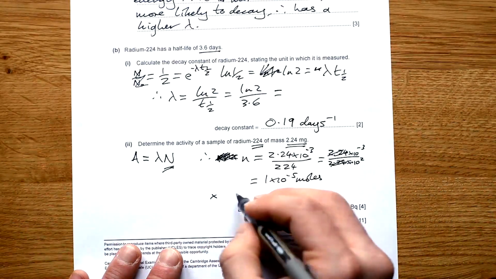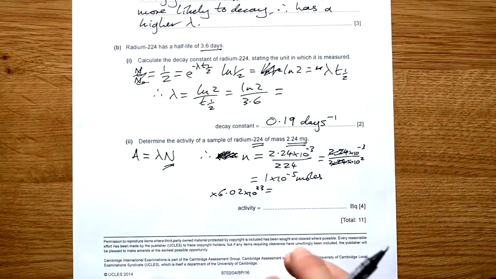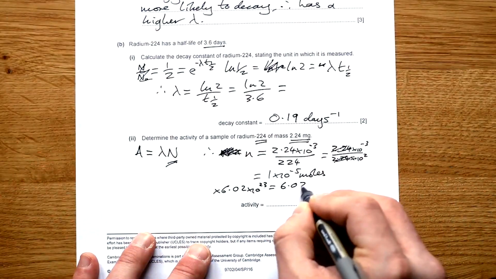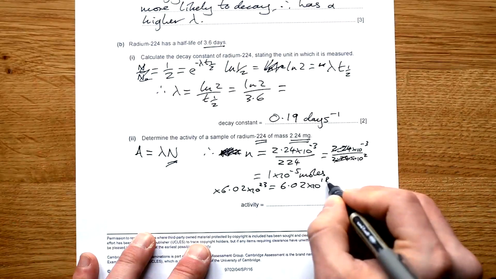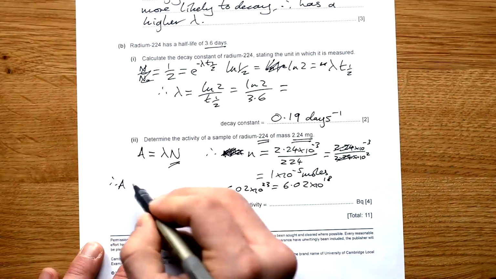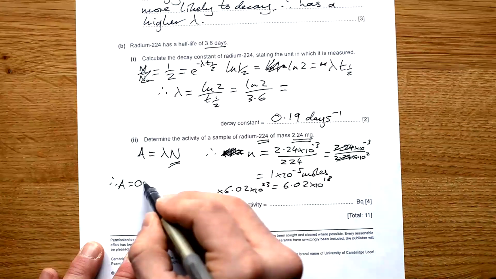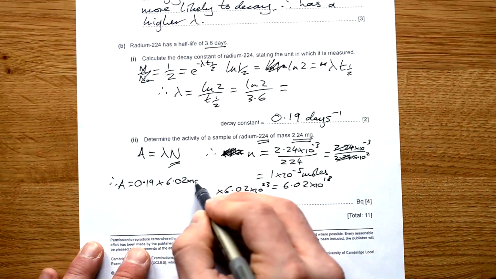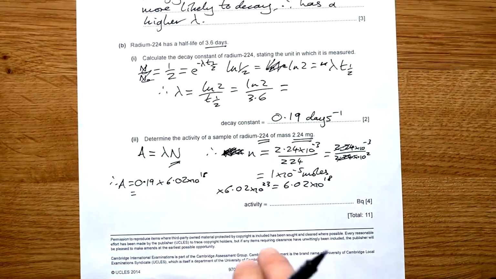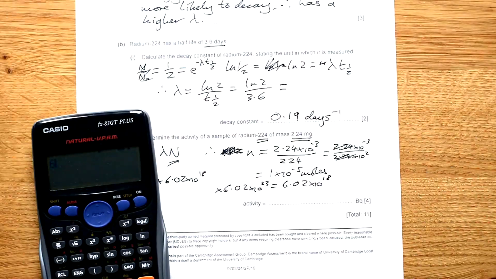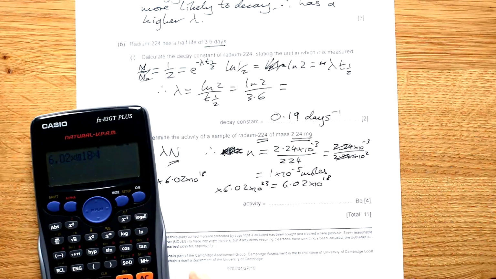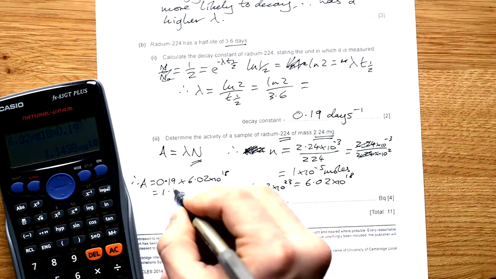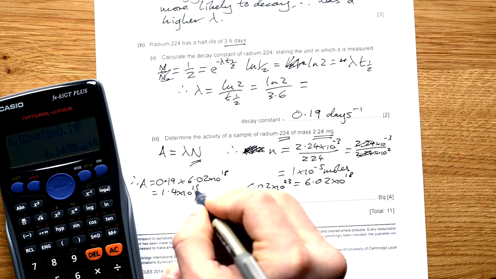Times that by Avogadro's, and we end up with the number of particles that we have. All we have to do is take away 5 from our power there, so 6.02 times 10 to the 18 nuclei. Therefore, the activity is going to be 0.19 times 6.02 times 10 to the 18. We end up with an activity of 1.14 times 10 to the 18.